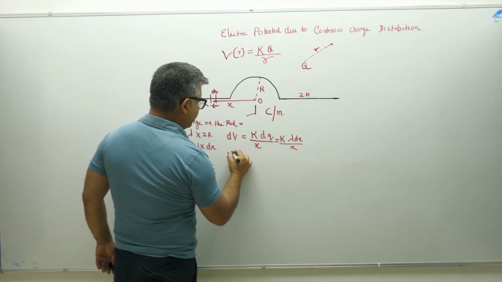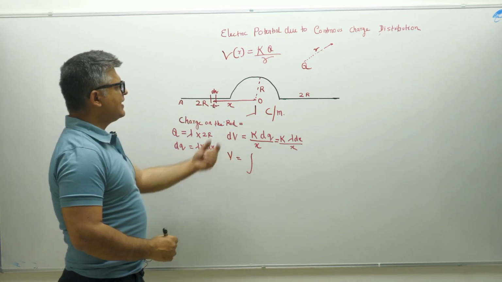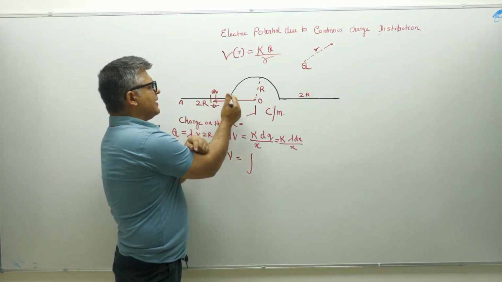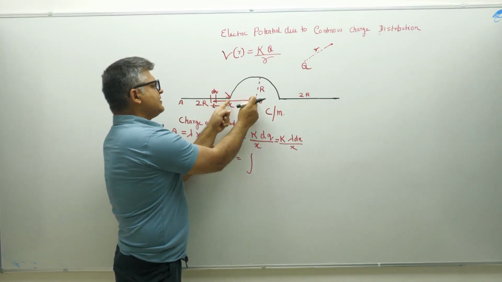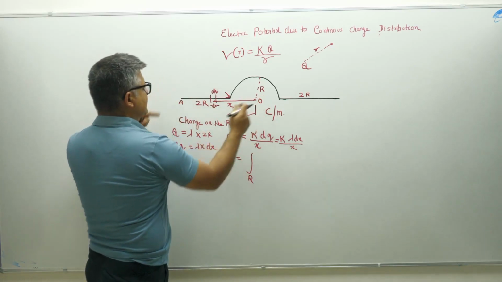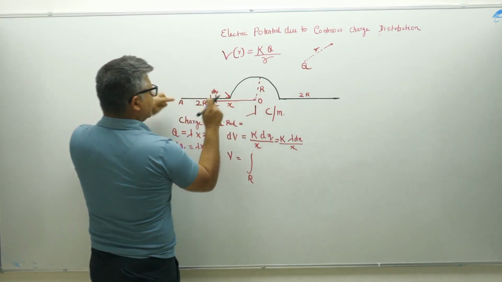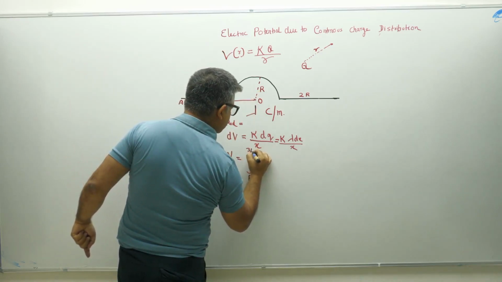So I'm going to write V is equal to the lower limit. Let's say the continuous charge ends here. So this distance is r, and this distance is 2r plus r, so this is your 3r.